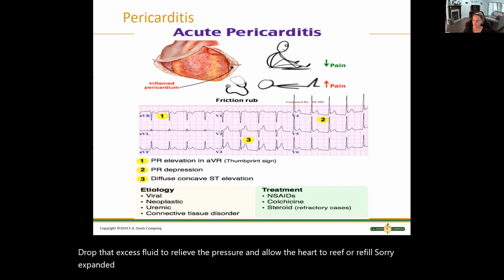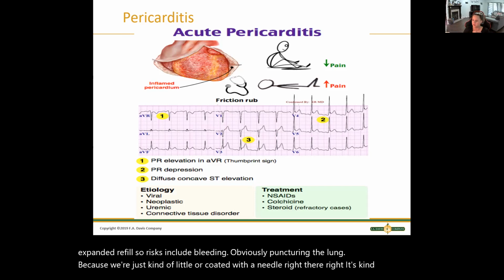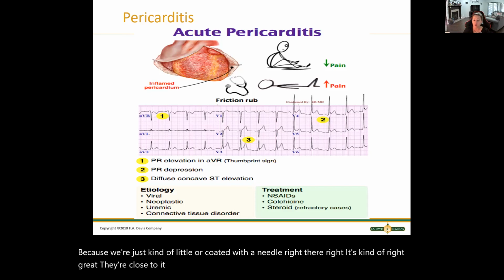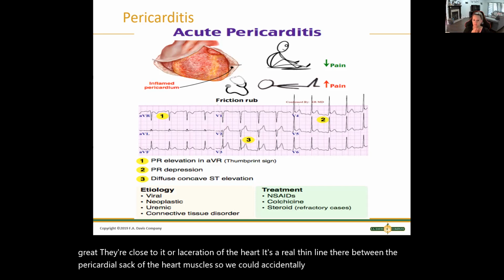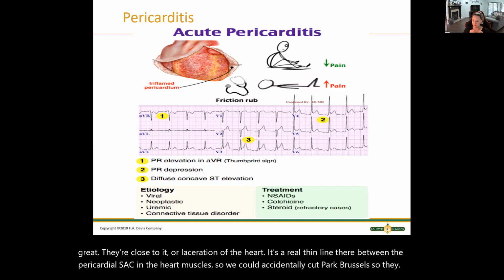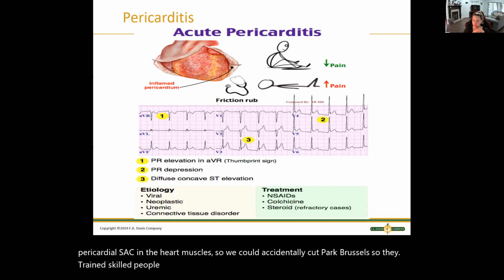So risks include bleeding, obviously puncturing the lung, because we're going in with a needle right there, right? It's kind of close to it. Or a laceration of the heart, it's a real thin line there between the pericardial sac and the heart muscle. So we could accidentally cut the heart muscle. So they're trained, skilled people, right? But there are always risks involved.